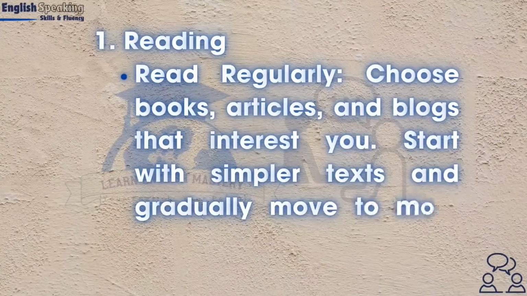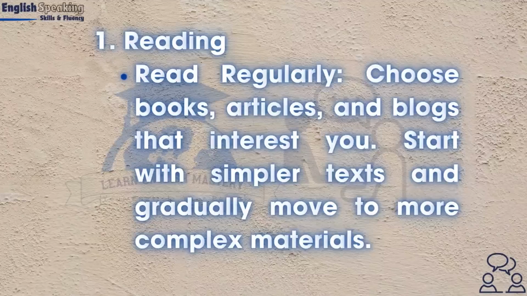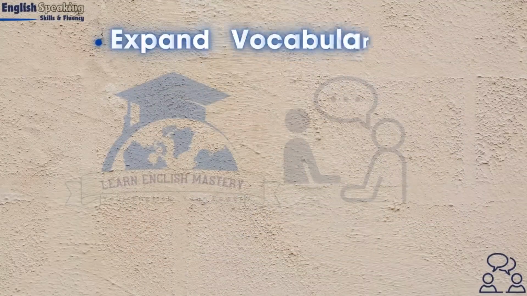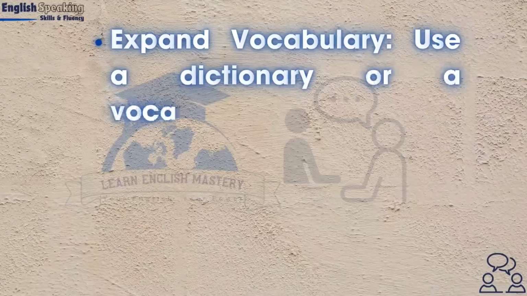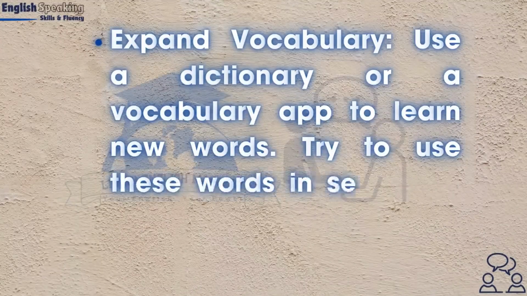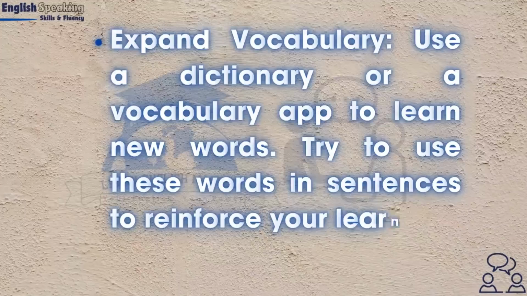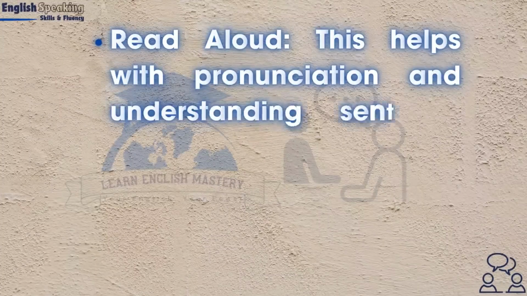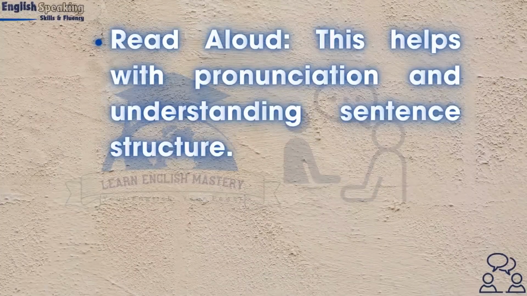Start with simpler texts and gradually move to more complex materials. Expand vocabulary. Use a dictionary or a vocabulary app to learn new words. Try to use these words in sentences to reinforce your learning. Read aloud. This helps with pronunciation and understanding sentence structure.